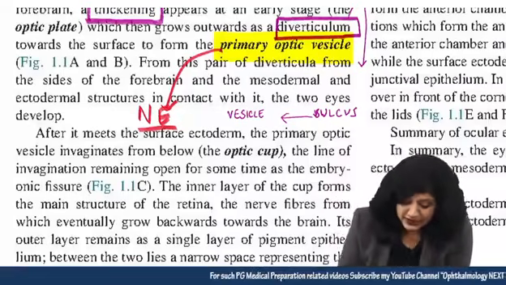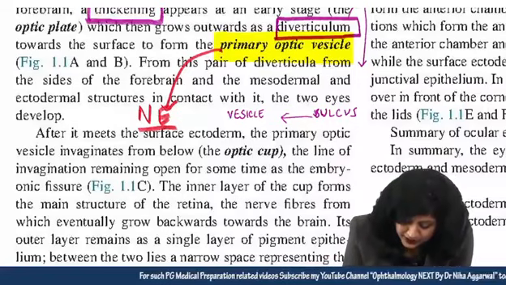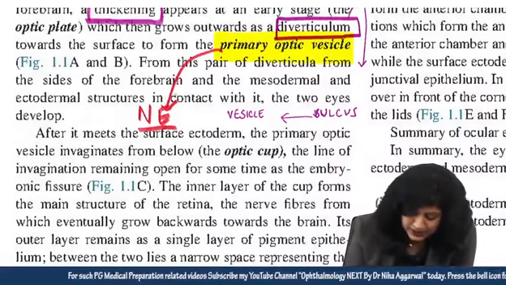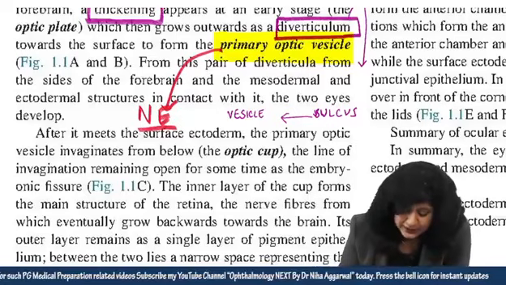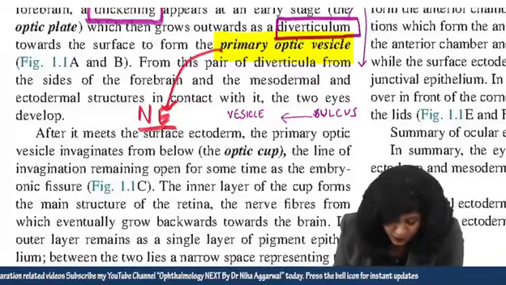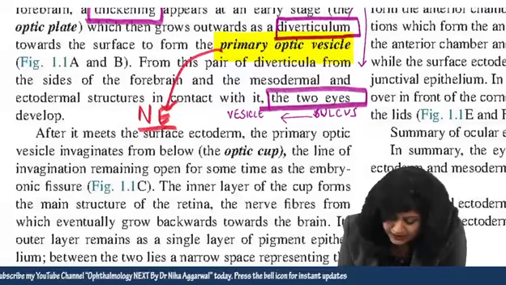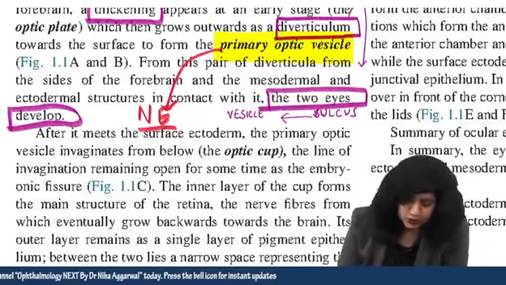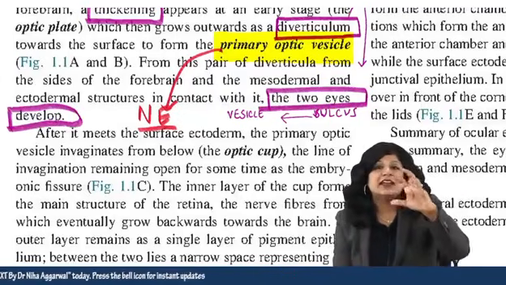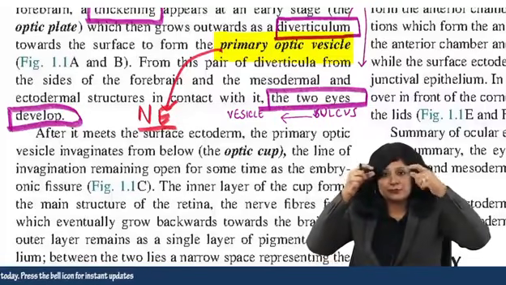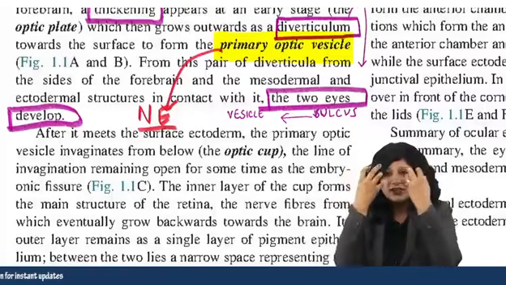So see this. Now from this pair of diverticula from the sides, and the mesodermal and ectodermal structures in contact, the two eyes develop. So this was the starting, how actually the first eye-like structure is developing.